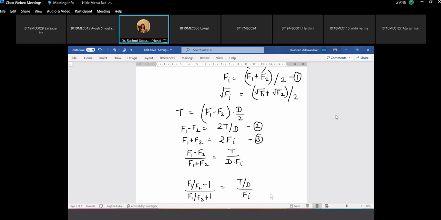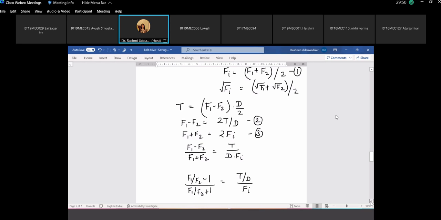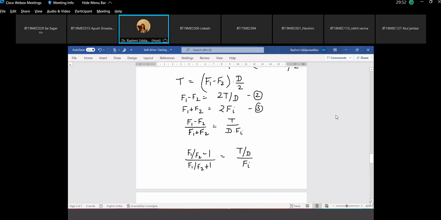What is F1 by F2? What is the ratio of belt tensions, also written as e raised to mu theta.